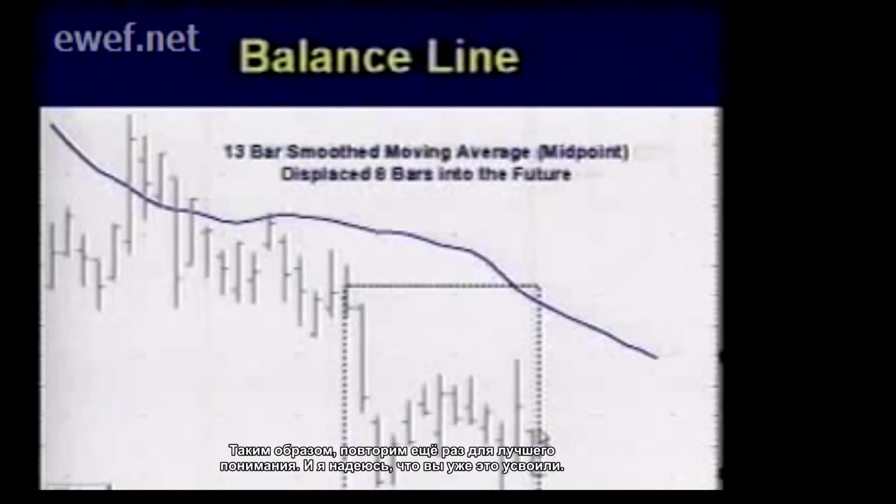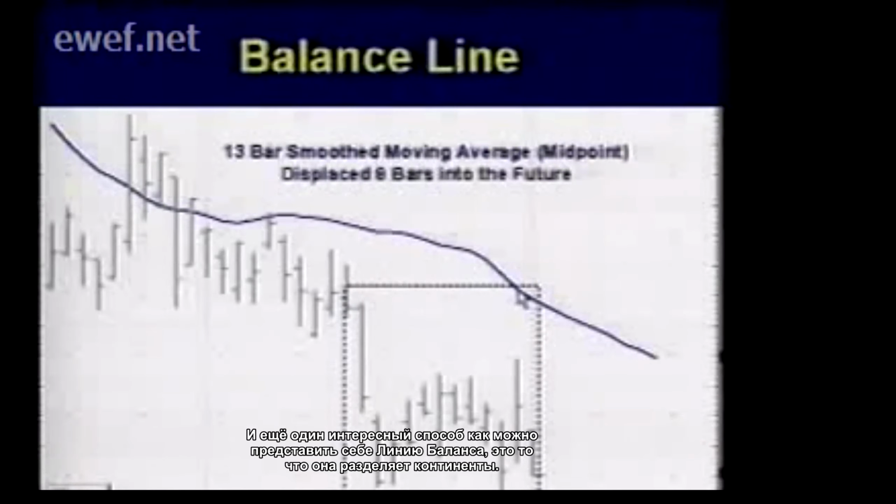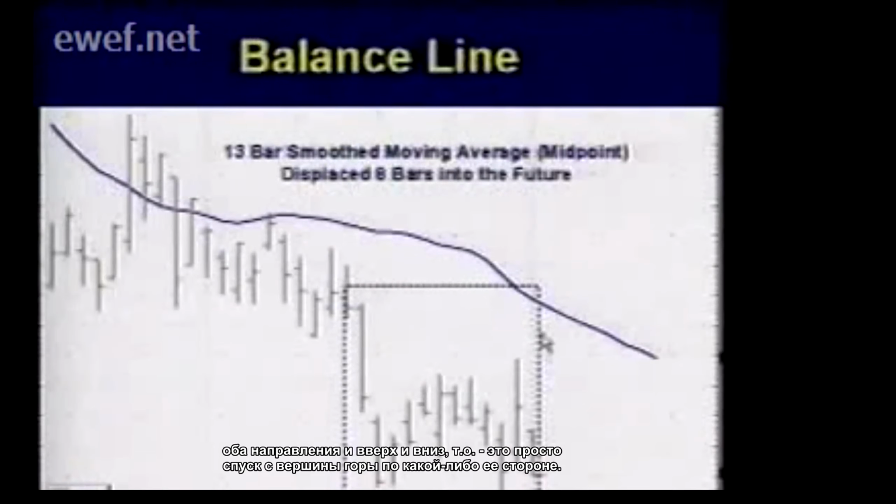So reviewing again, just to make sure you understand, and hopefully by this time you really do, the balance line is simply a 13-bar smooth moving average that's displaced 8 bars into the future. An interesting way to think about the balance line is that it is a continental divide. This is the top of the mountain, so that anytime the price moves away from the balance line, whether it's going up here or going down, both directions are basically downhill from the balance line.